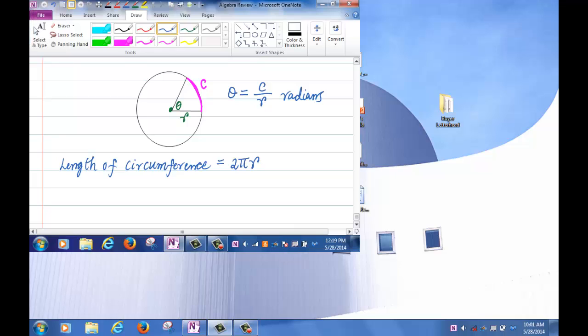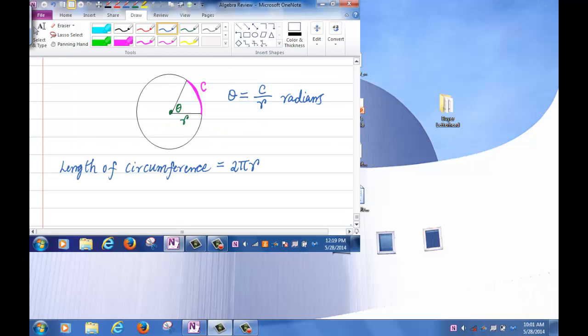So, what is the radian measure of 90 degree angle? If I draw a 90 degree angle here, the 90 degree angle is subtended by what arc length?